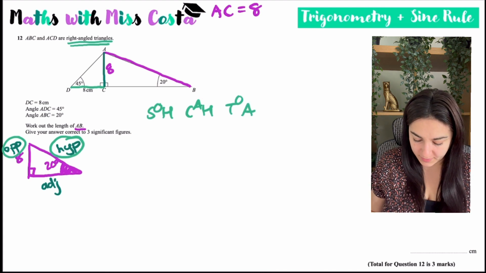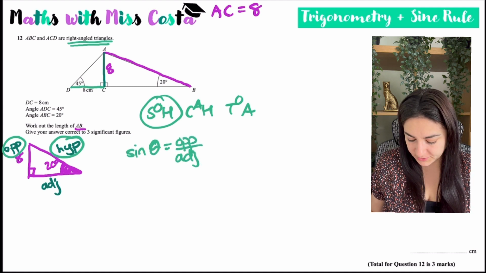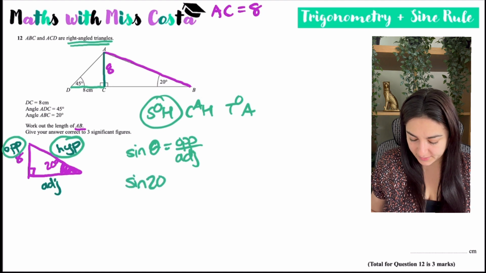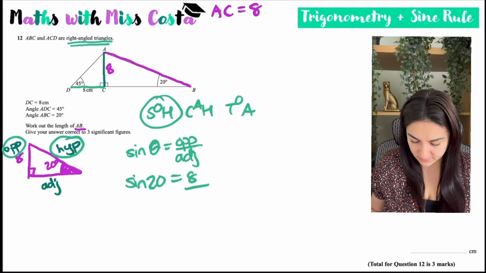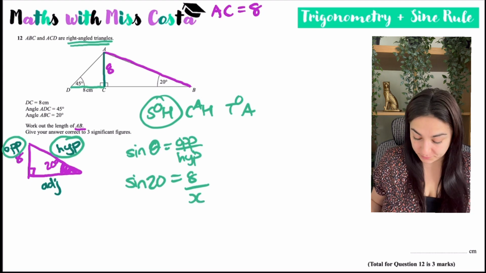Well, I've been given O and H, which is sine. So I'm going to write out sine theta equals opposite over hypotenuse. So sine 20 equals 8 over hypotenuse, and I'll just call that X because that's what I'm trying to figure out.